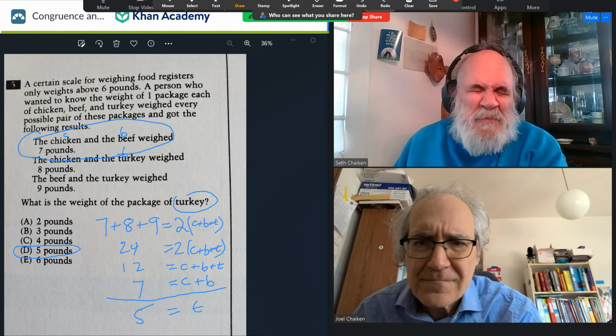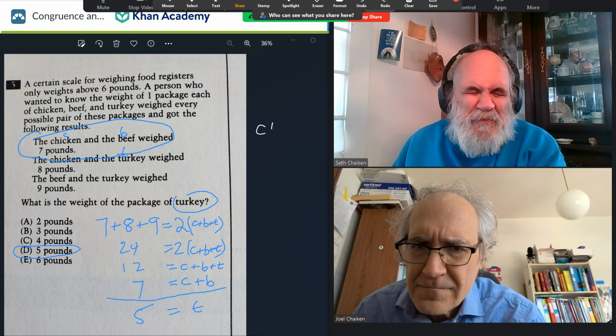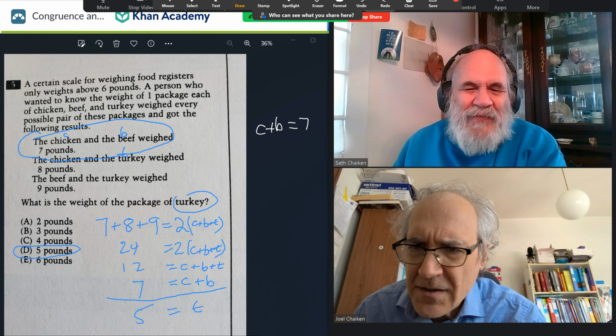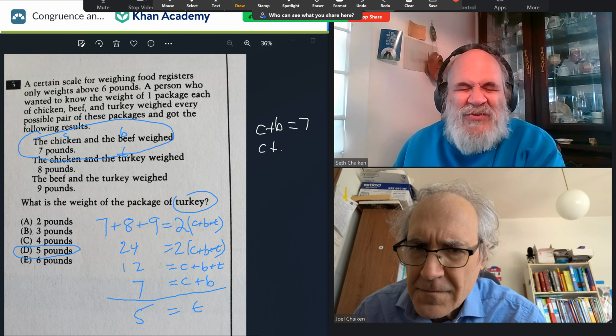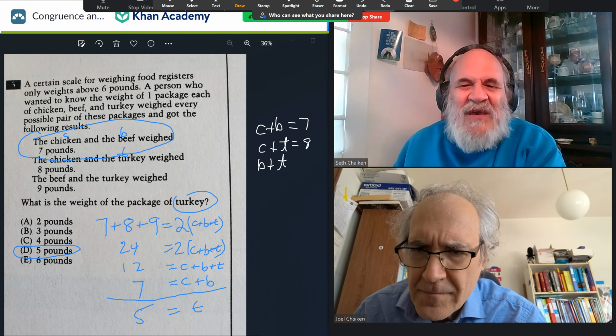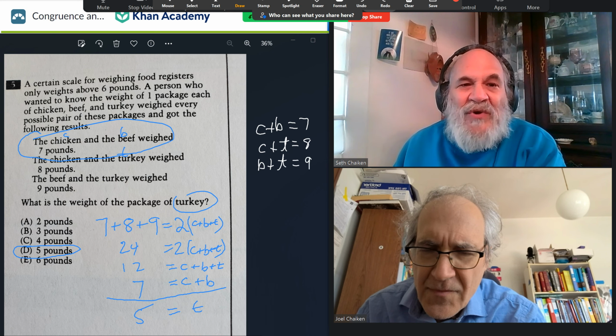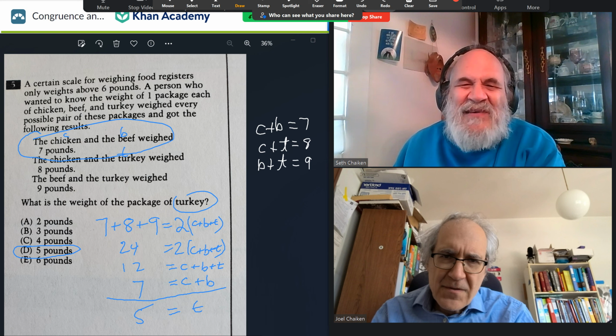My advice here is that if it doesn't come to you, just do the three equations and three unknowns. It's not that bad. Keep in mind that the goal is to eliminate B and C.